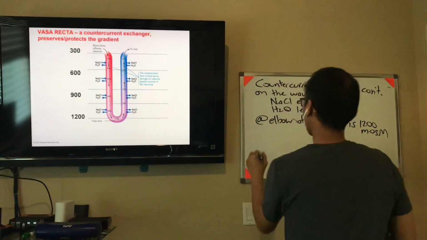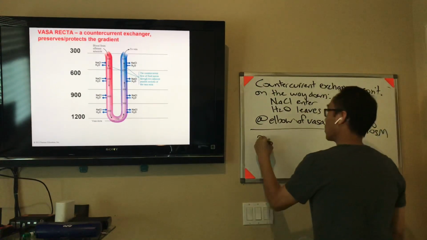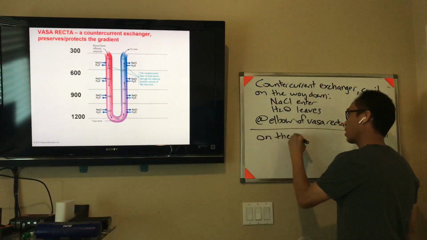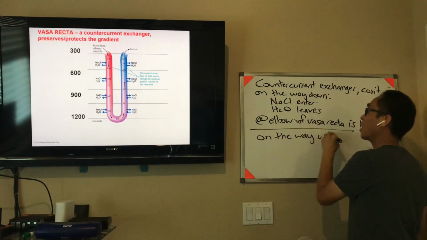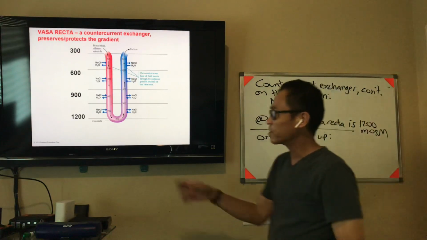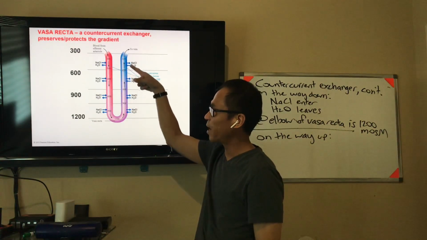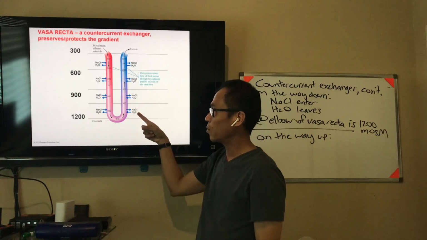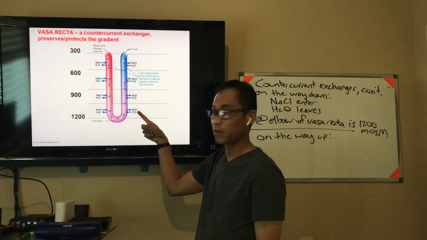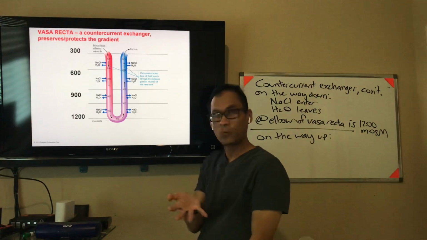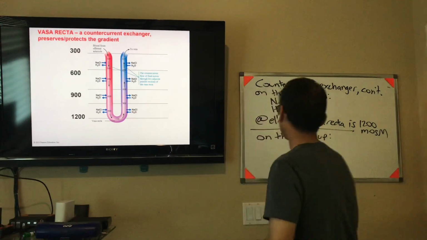So on the way up, talking about the blood, now you have salty blood, and it gets progressively less salty on the way up. So on the way up, water enters, salt leaves. Just the reverse by rules of diffusion and osmosis.